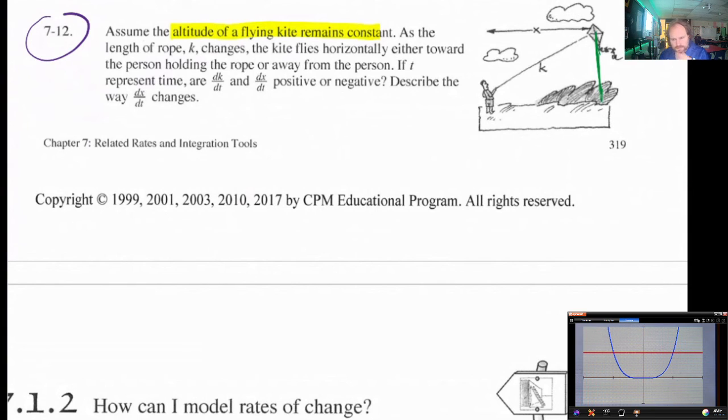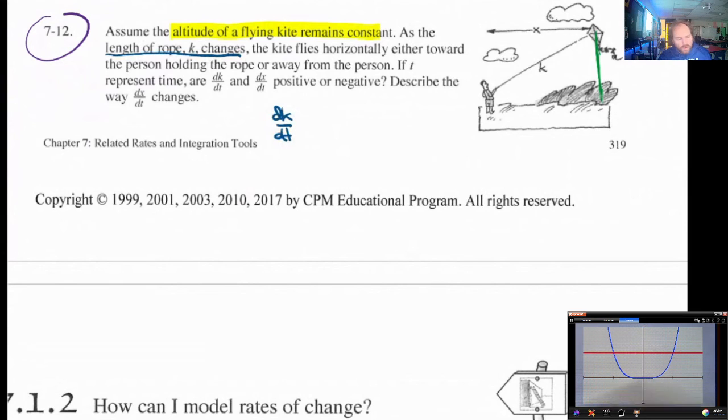Interesting. Well, let's see. It's going to depend on if the string is being let out or brought back in, because that's what k is. k is the length of the string. Toward or away from the person. dk/dt is the change in the length of the string over time.